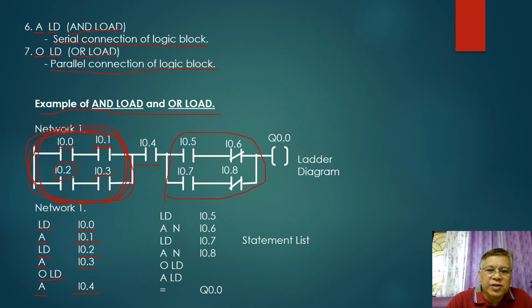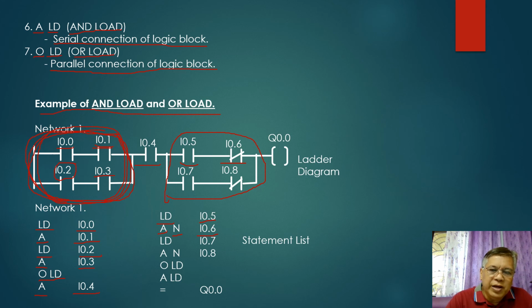Our first step is to load again I 0.5, so LD I 0.5. And then since I 0.5 is connected in series to I 0.6, which is normally closed, our command will be AND NOT I 0.6.